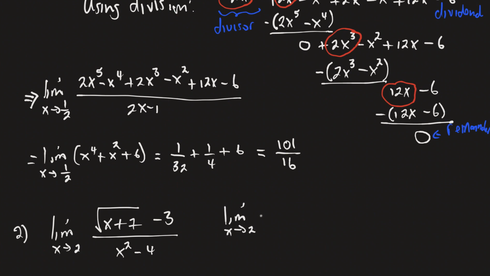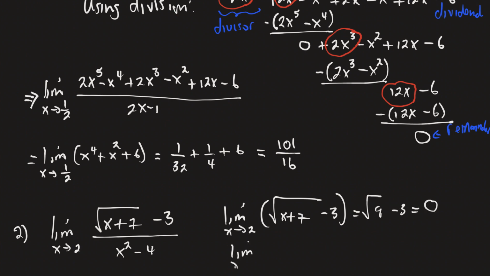So if I take the limit of the numerator, if I try to just evaluate that separately, I'll have the square root of 9 minus 3, which is 0. Shocking there, but we go on. So as x approaches 2 of the denominator, what do we have? 2 squared minus 4, and again we get the 0 over 0 form, right?